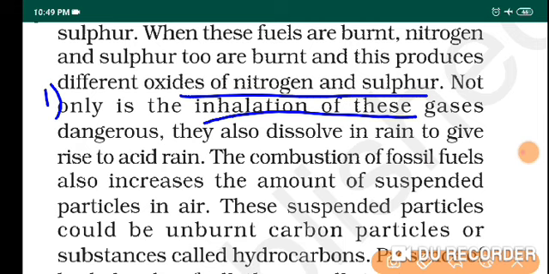Secondly, when it rains, these gases dissolve. Which gases? Oxides of sulfur and oxides of nitrogen dissolve in the rainwater, and that leads to acidic rain. Such an acidic rain, if it is more, it can cause harm to the standing crops, and the monuments which are around are affected.